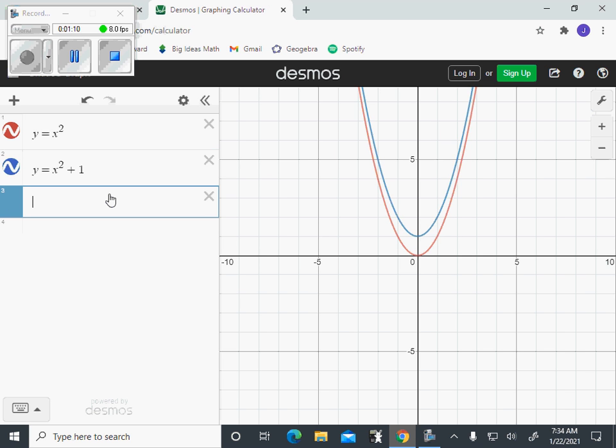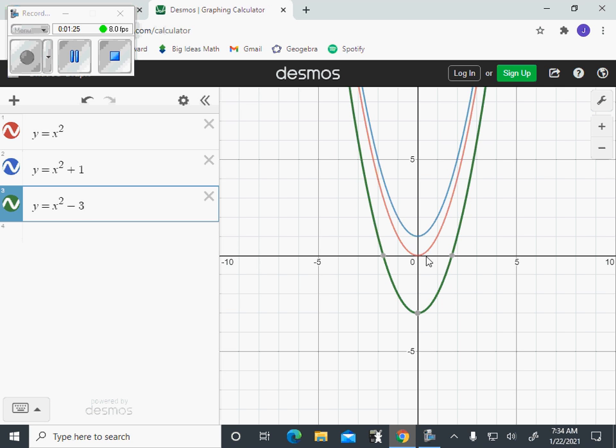Okay, let's try another one. If I had y equals x squared, and I was going to subtract 3, where is that original red graph going to move? Left, right, up, or down? It's going to move down 3 units because it was minus 3. So our vertex goes from 0, 0 to 0, negative 3.